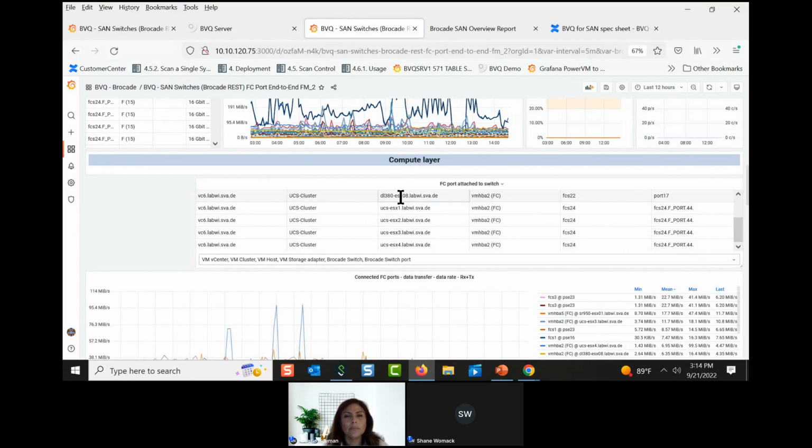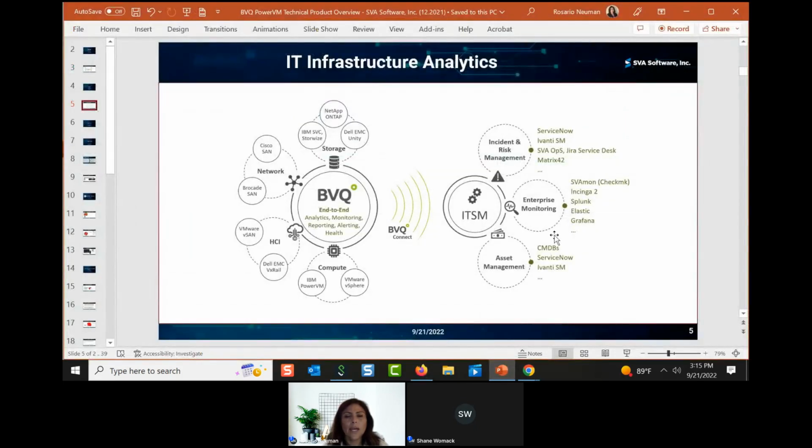Perfect. Great answer. Okay, the last question we've received so far, does BVQ connect to external applications like ITSM applications? Yes. So this slide shows you a quick overview of what is supported. BVQ does connect via REST API to external applications, ITSM applications such as ServiceNow or Splunk, for example.